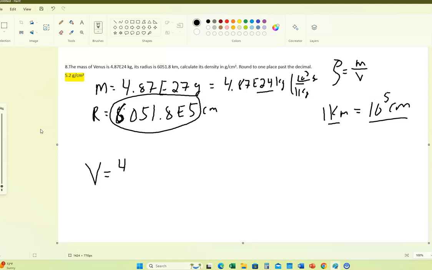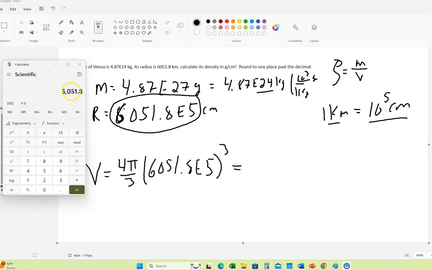So it's going to be 4 times pi divided by 3 times the radius, 6051.8 times 10 to the 5th, and then you raise that to the 3rd power. That'll put it in cubic centimeters.